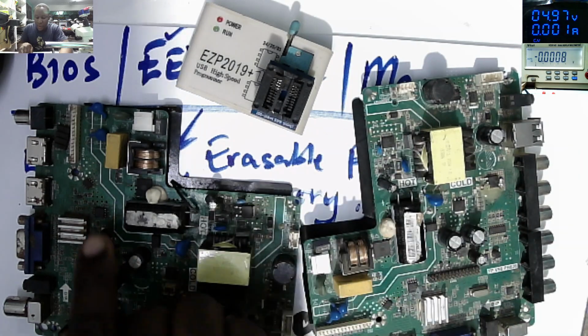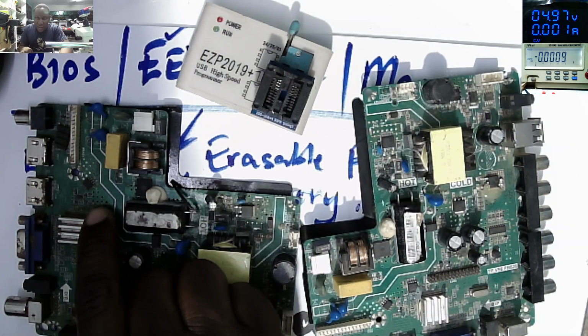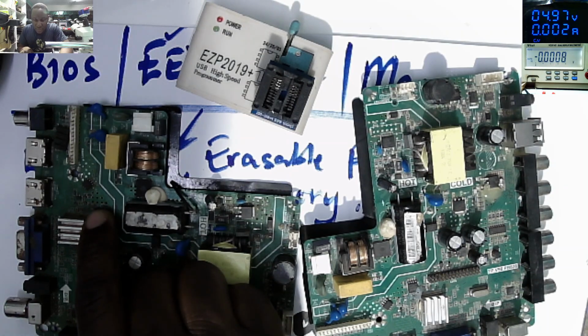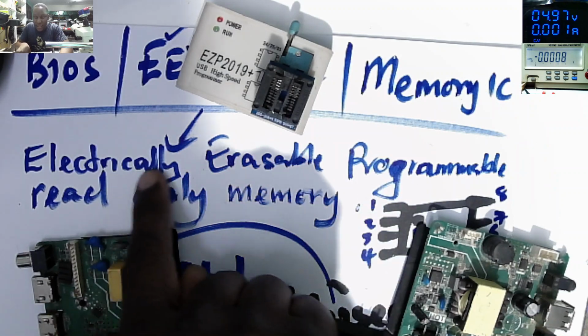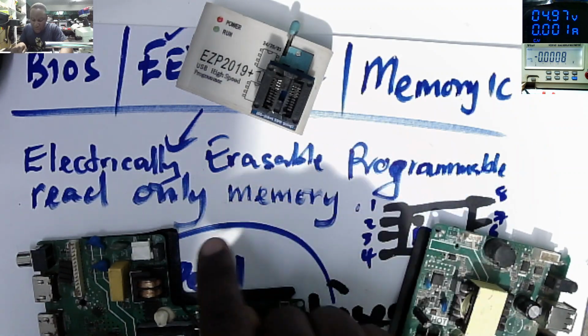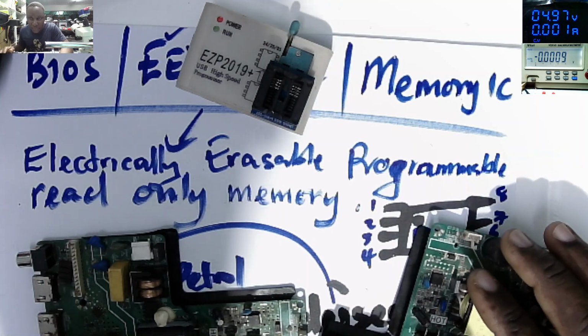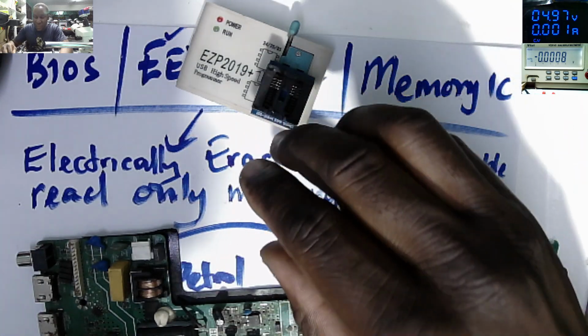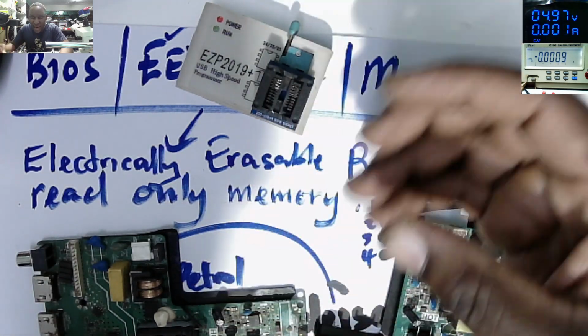So those chips, they are meant to be erased. Like what I said, this is electrically erasable, programmable, read-only memory. Meaning to say this chip is like a container, it's like a drum.